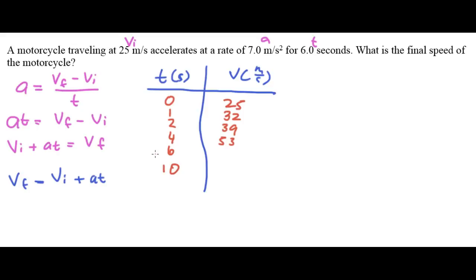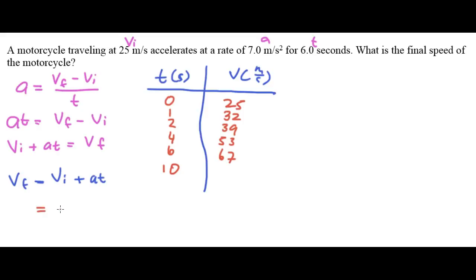And after 5 seconds, it's going to go at 60, because add 7 to that. After 6, it's going to go at 67 meters per second. Okay. Now we're going to figure out the 10 a little bit later, because let's use our actual values here to figure it out after 6 seconds.